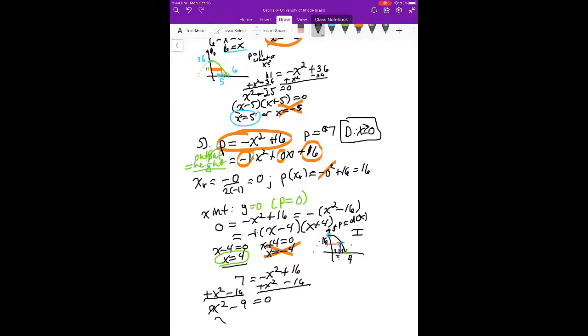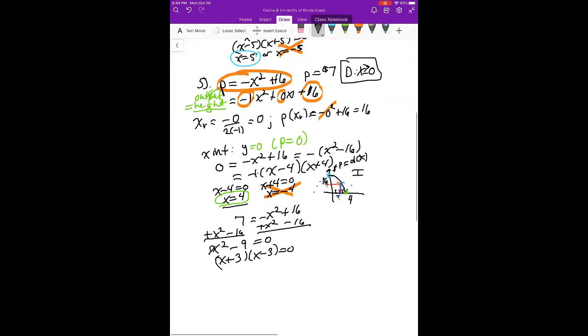And I have that difference of squares again, so this is x plus 3 times x minus 3 is equal to 0. And the way that can happen would be only if x plus 3 is equal to 0, or x equals negative 3.